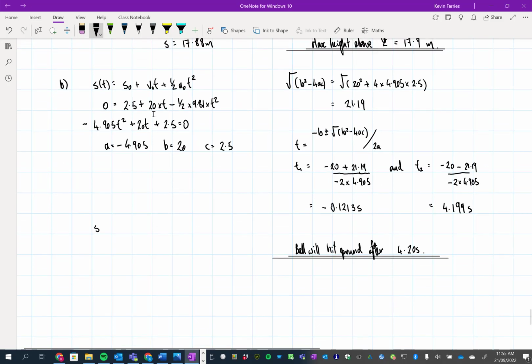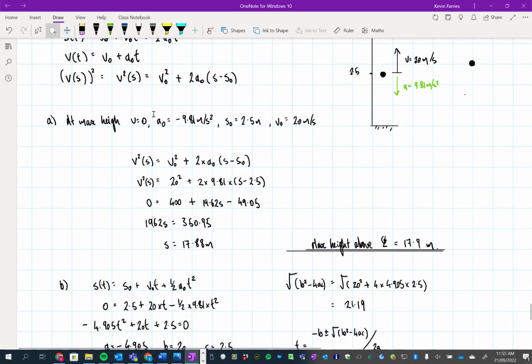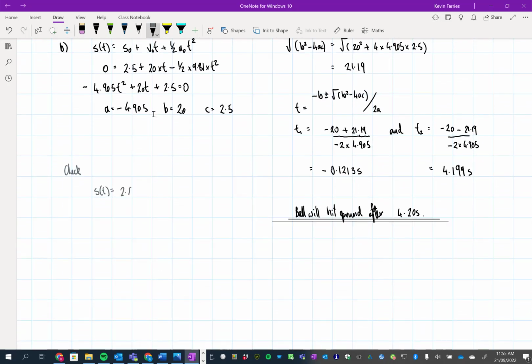And so displacement at time t is just going to be displacement at time 0, which was 2.5 meters, plus the velocity at time 0, which was 20, times the time, 4.199, and then minus a half times 9.81 times 4.199 squared.